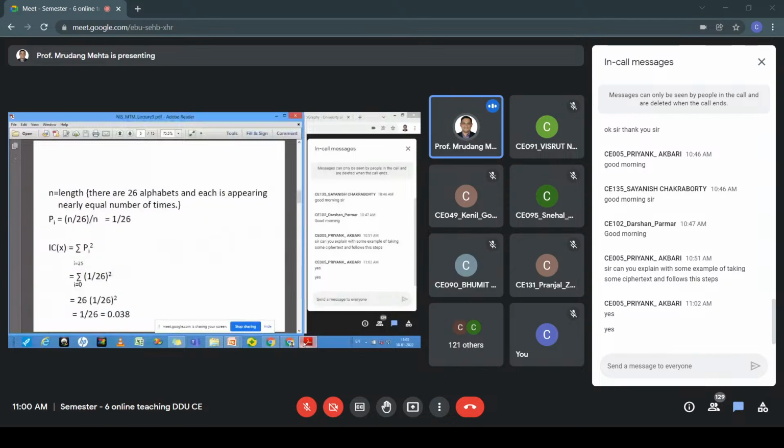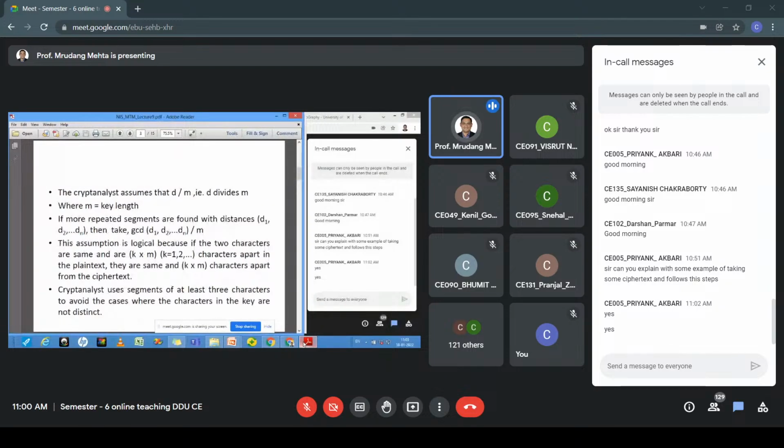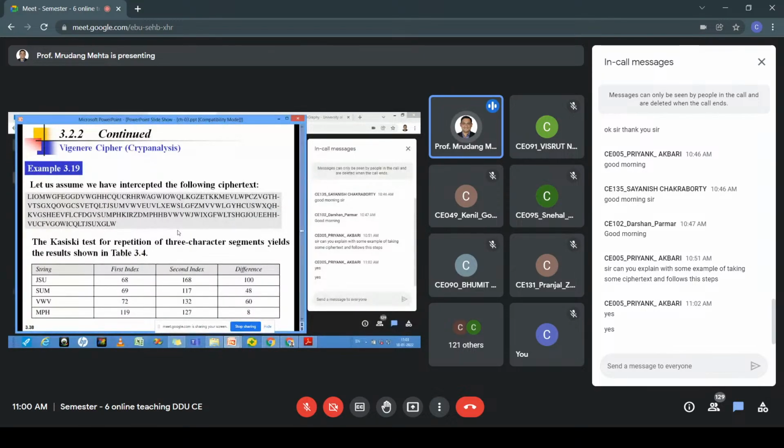We are applying those concepts here. The result is shown in the table, but when you are performing cryptanalysis, you have to actually find this in the encrypted text.